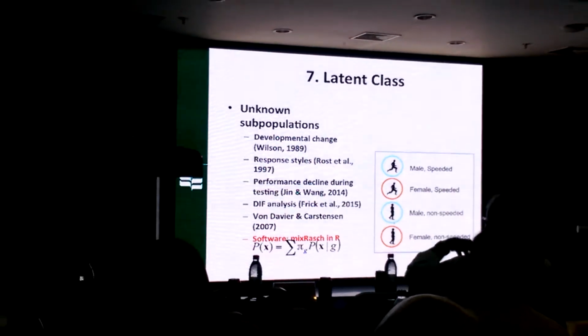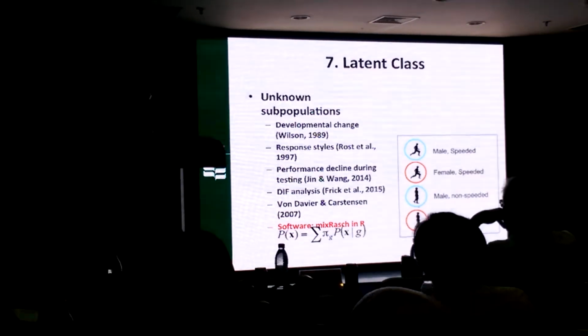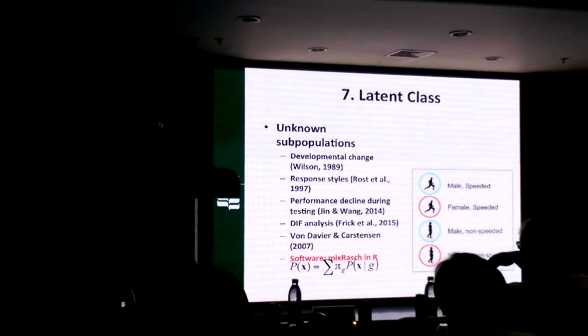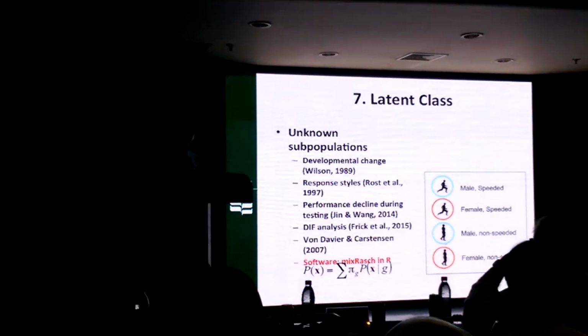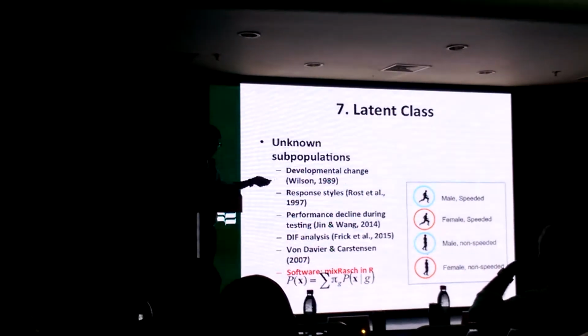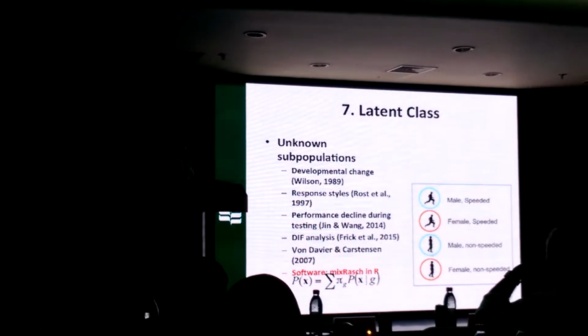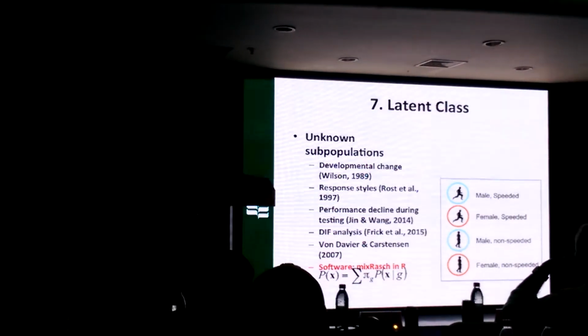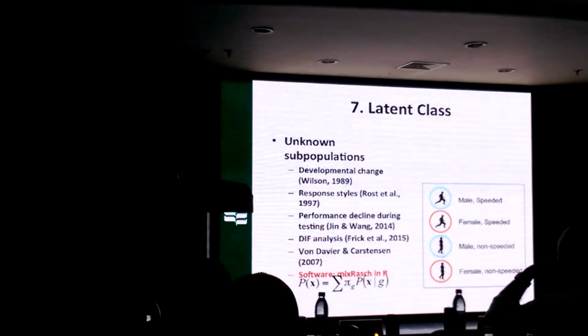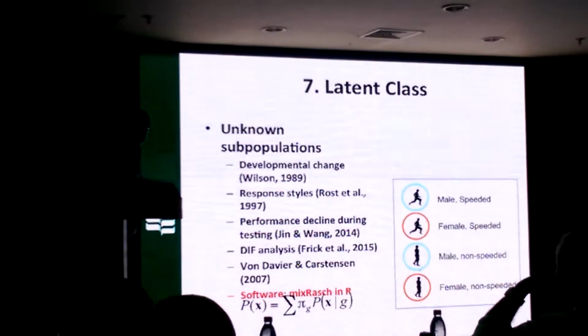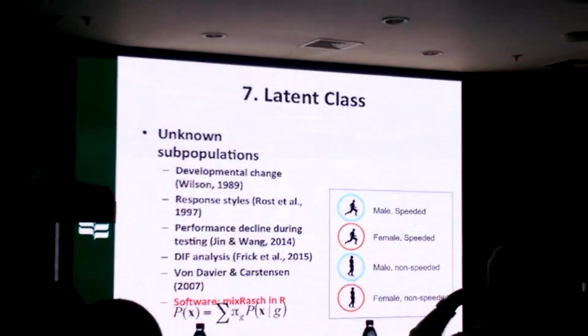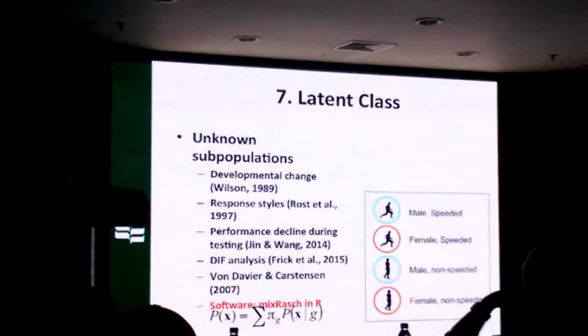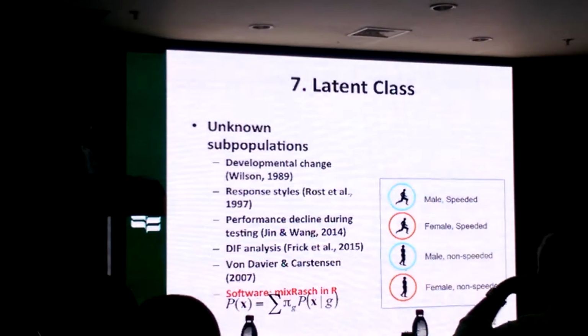And then number 7, latent classes. Sometimes we have unknown populations in our data set. Take this figure as an example. All we can see is male, female, gender, right? We can tell which person is male or female. But sometimes it's not male or female that determines their item responses.